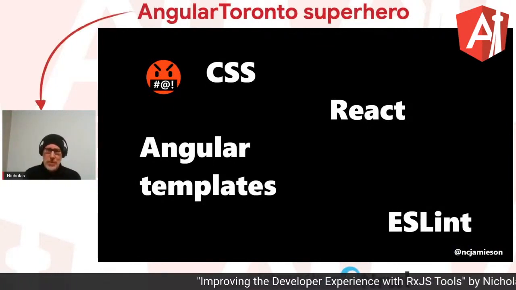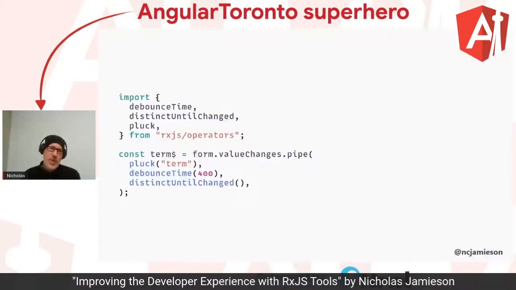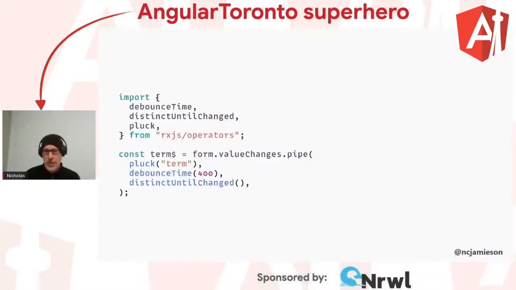do we need a different tool to work with RxJS? If we have a look at a snippet of RxJS code, we've got a form here in Angular, values changes. We're going to pluck a term out. We're going to debounce it, and only take the distinct changes. So it's obvious from looking at this that RxJS is a declarative thing.